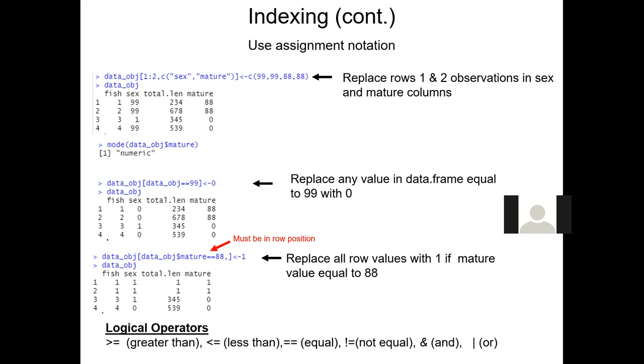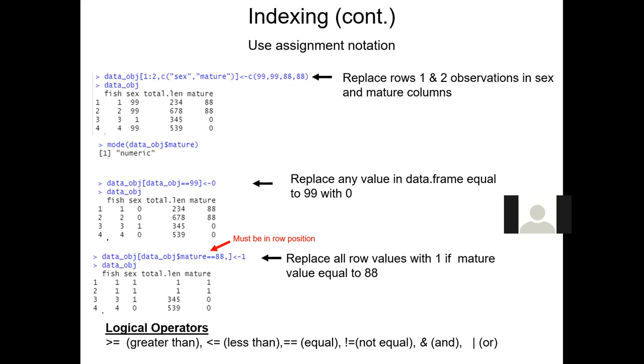So be careful there. There's another way of substituting using the brackets, and that's actually this next example: within the brackets, you can replace any value within the data frame with a particular value.